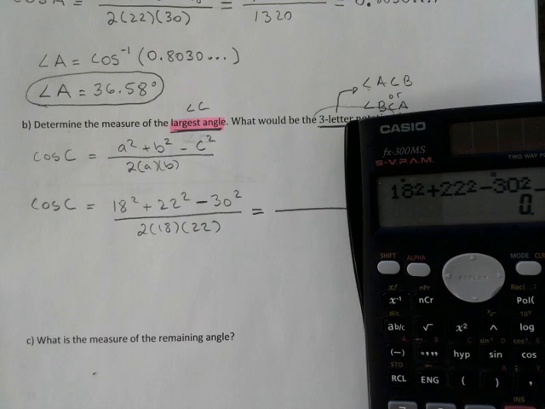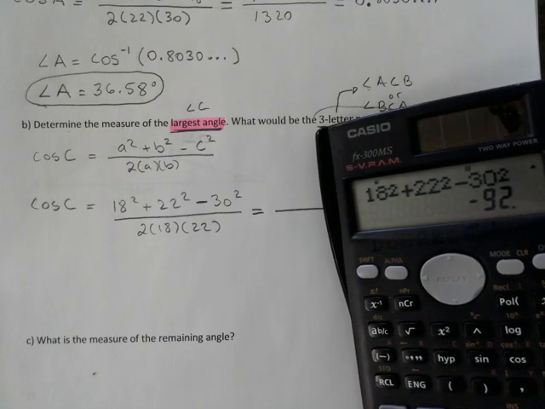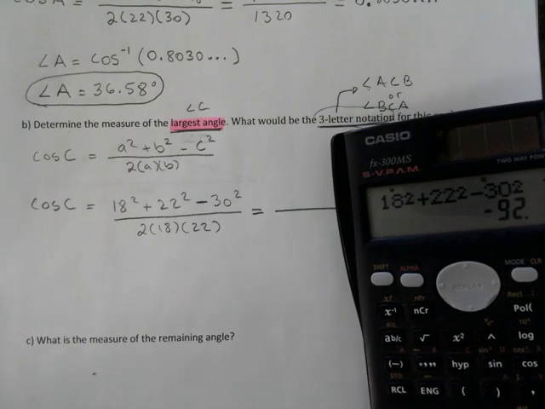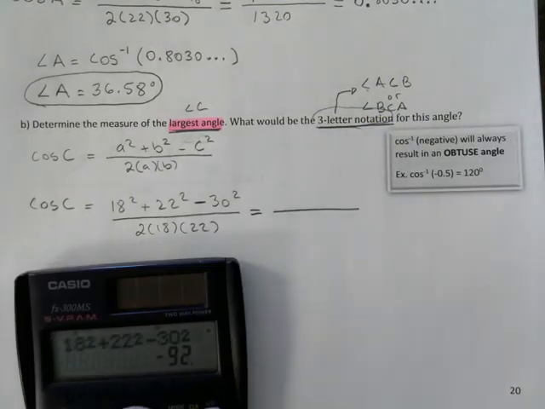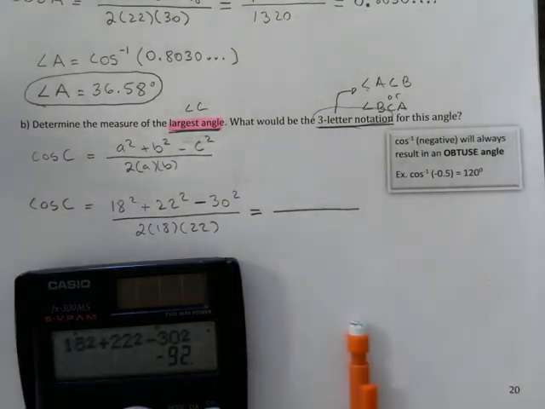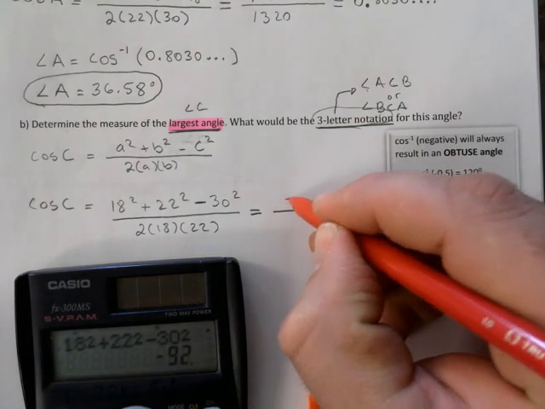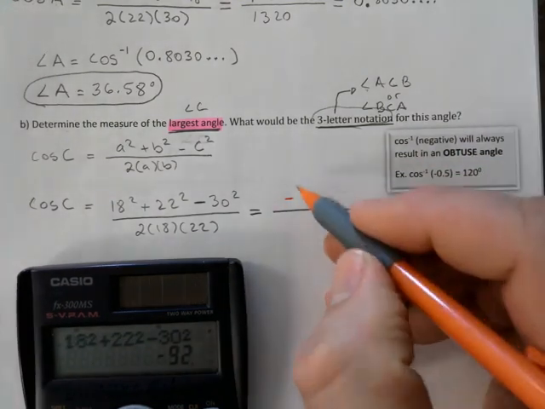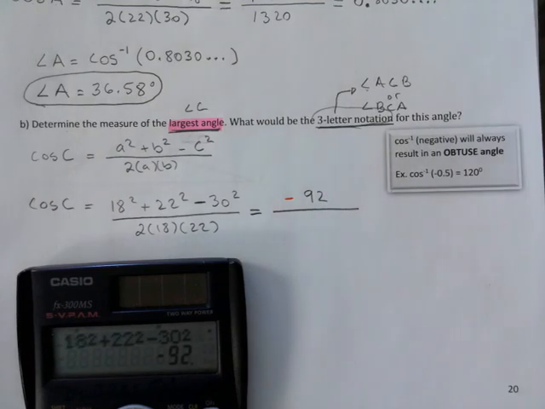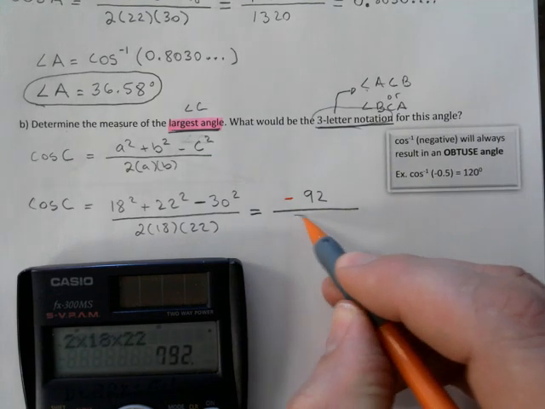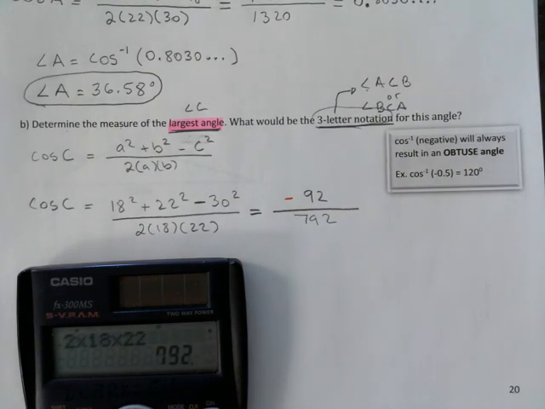What's interesting about that answer? We got a negative, very important. Do not drop that, okay? So I am going to say negative 92. That's 2 times 18 times 22, 792.